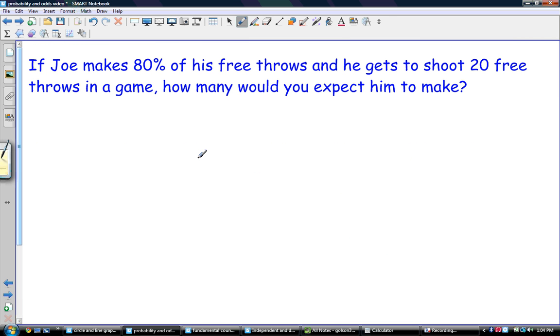Now we can also use probability to help us make predictions on things that will happen. If Joe makes 80% of his free throws on average, and he gets to shoot 20 free throws in a game, how many would you expect him to make? Well, 80% is a probability. Okay? Percent means out of 100. So 80% is 80 over 100. If we reduce this fraction, we can get rid of the zeros.